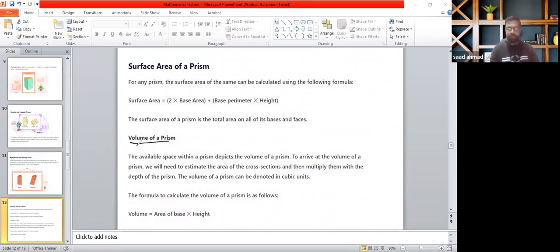Okay, so next one is the volume of the prism. To find the volume of the prism, let's say we do it with the pentagonal. All right, let's draw a pentagonal.